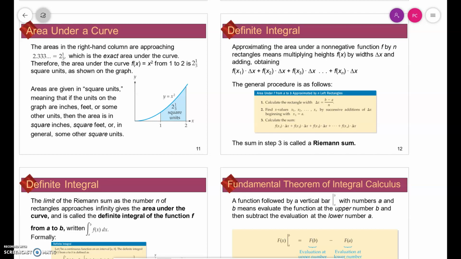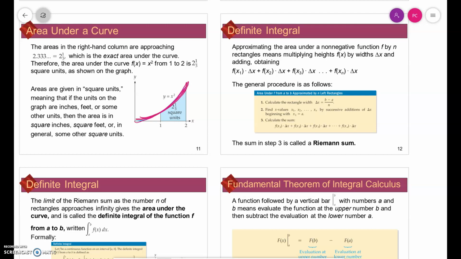It's 2 1/3. So how we could find this is what we call the Riemann sum, approximating the area under a non-negative function. This works when your curve is above the x-axis.